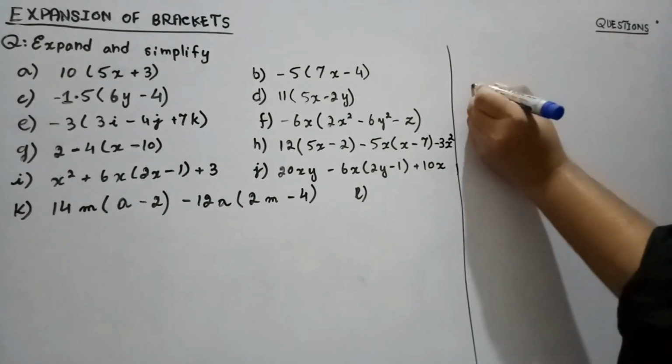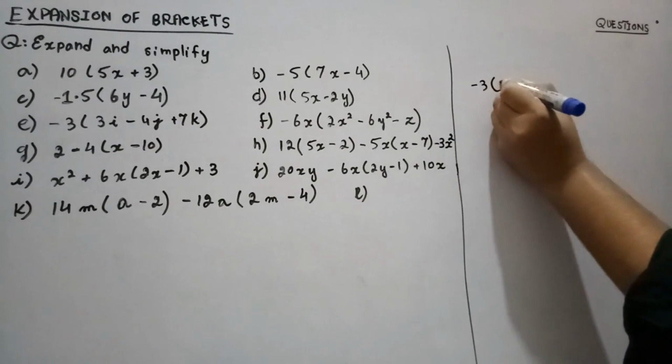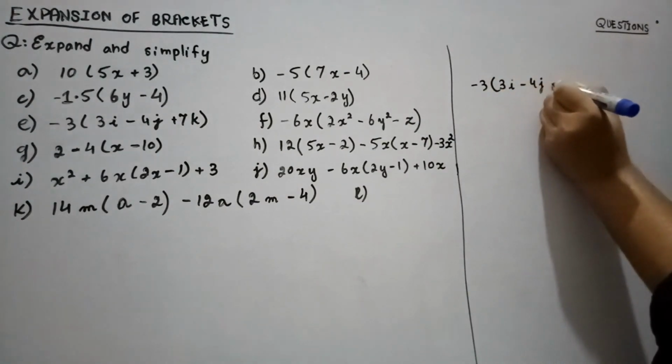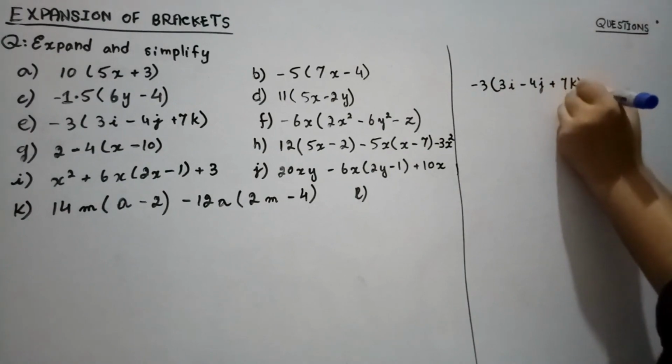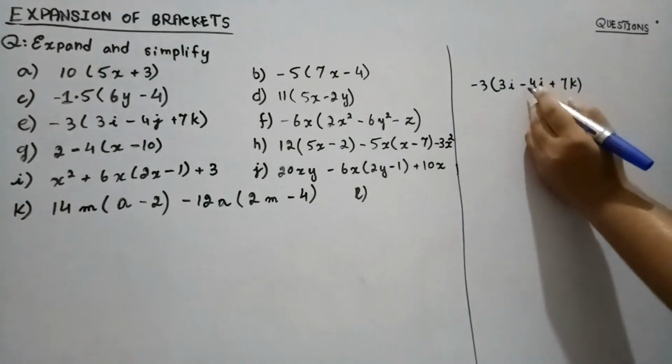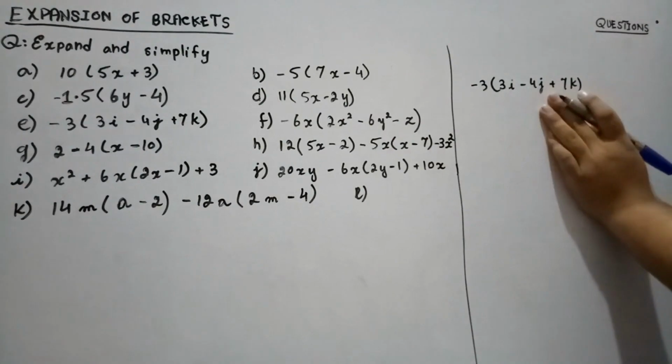Okay, now let's see our next part. Here we have negative 3 multiplied by (3i minus 4j plus 7k). How many terms do we have here? You can see we have this negative sign and this positive sign.